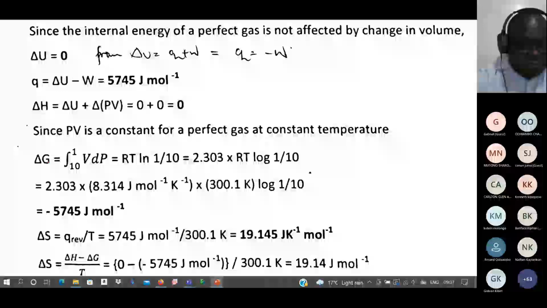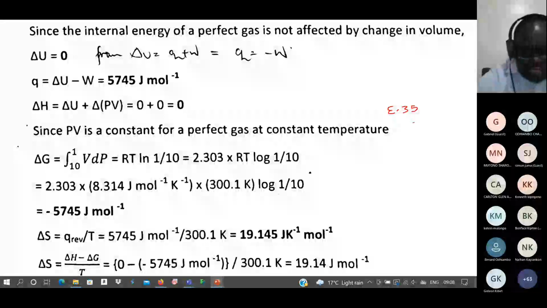Now delta G for a perfect gas at constant temperature. We get this from equation E35, which you can confirm.